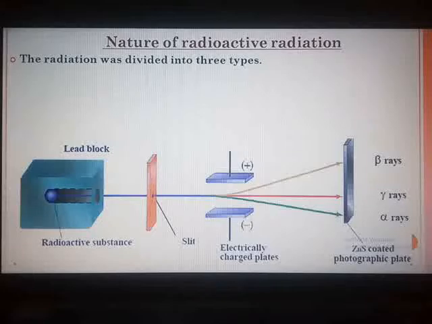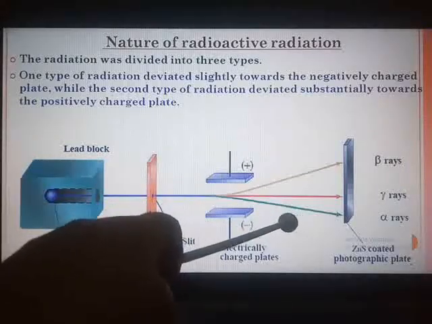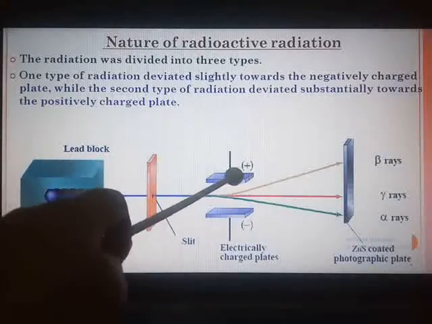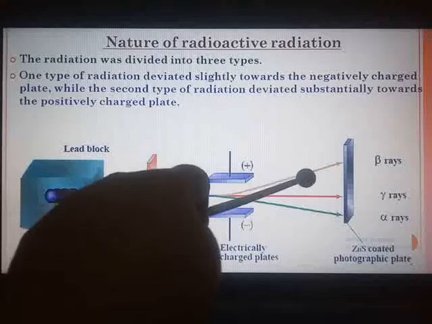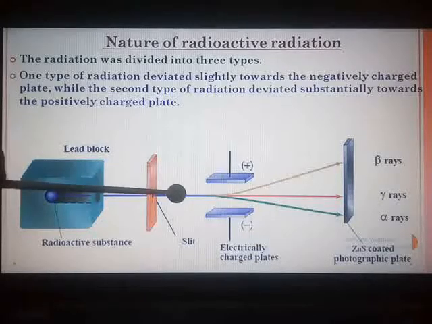One type of radiation deviated slightly towards the negatively charged plate, while the second type of radiation deviated towards the positively charged plate. However, it was found that the third type of radiation did not deviate at all in the electrical field.